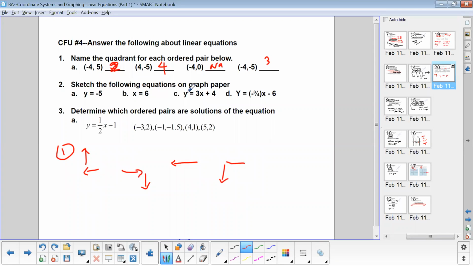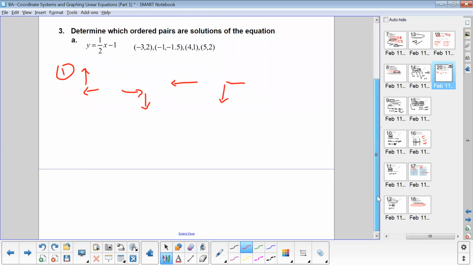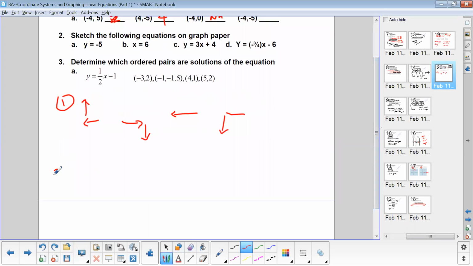Sketch the following equations on your paper. On number 2, we would have y equals -5.